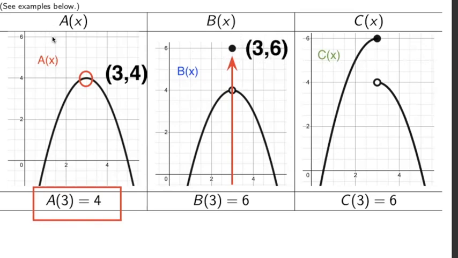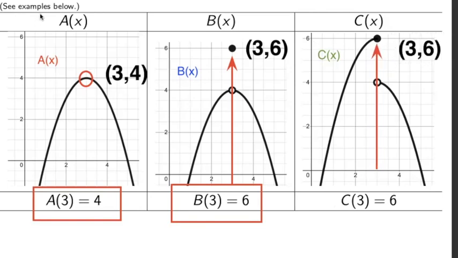So that tells me that b of 3 is equal to 6. The same thing with c of x. Even though this is a discontinuous piecewise function, all that matters when evaluating at x equals 3 is where is that closed circle. And again, with this function, I have this at the point (3, 6). So c of 3 is equal to 6.